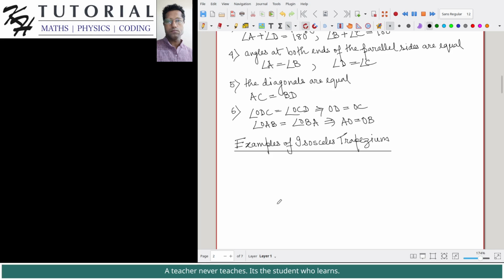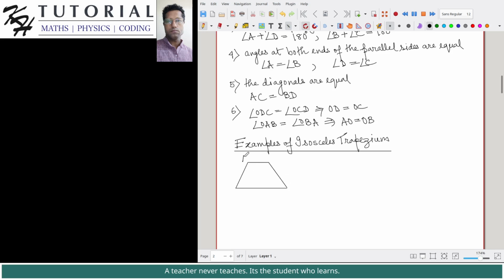Okay. Now, let's try to draw some examples of isosceles trapezium. So, first we need two parallel sides, unequal parallel sides. We have to draw two parallel unequal sides such that the non-parallel sides are equal.